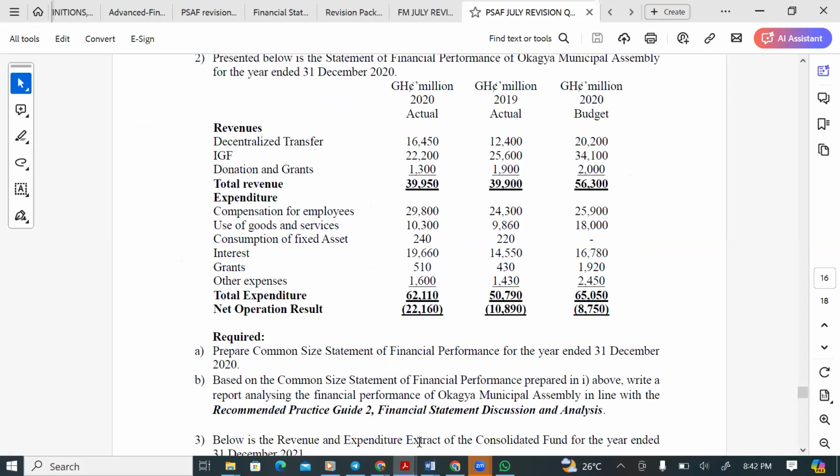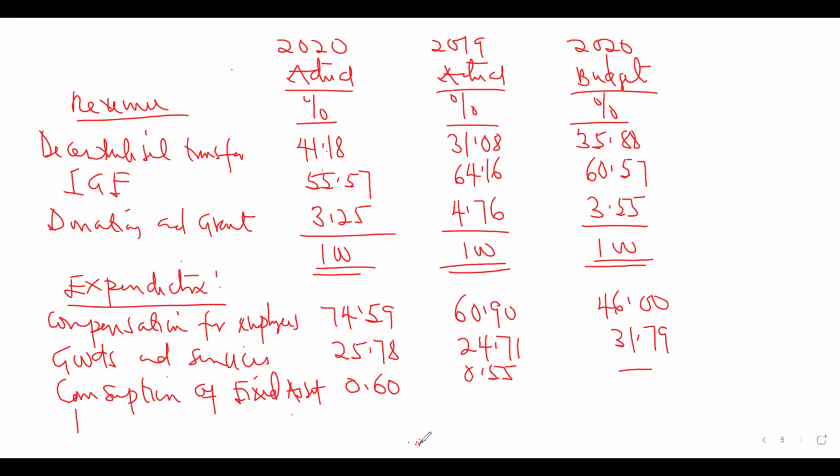Okay, so 2020 actual is 49.21. 2019 actual is 36.47. Budget is 29.80. Okay. What is the next item?